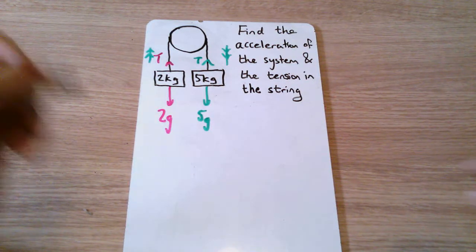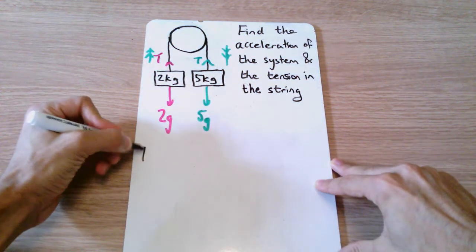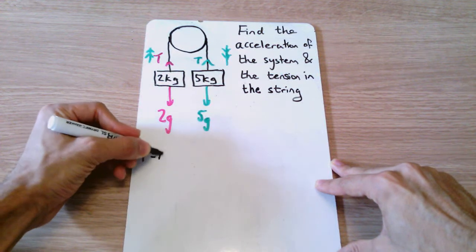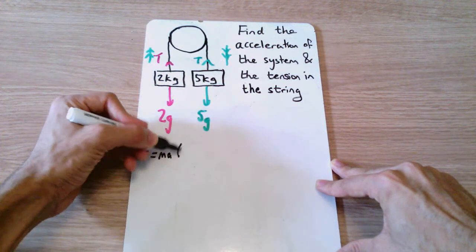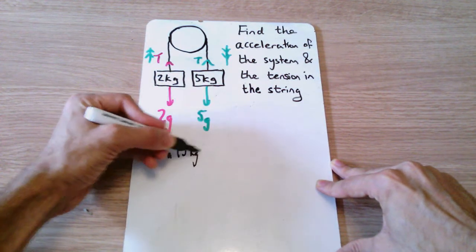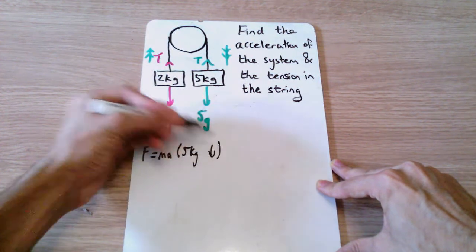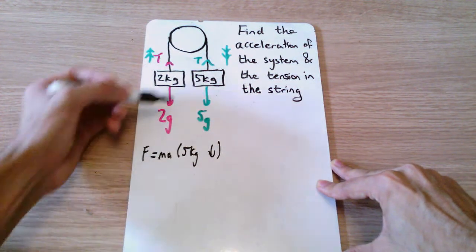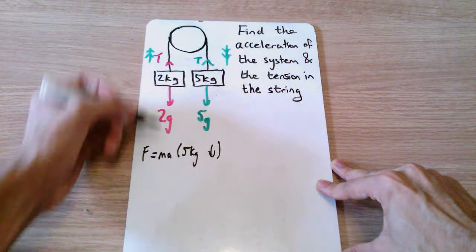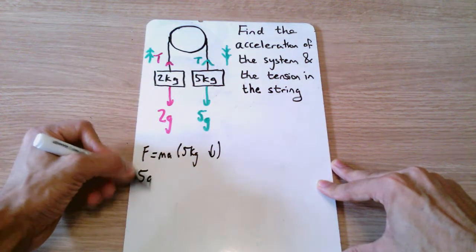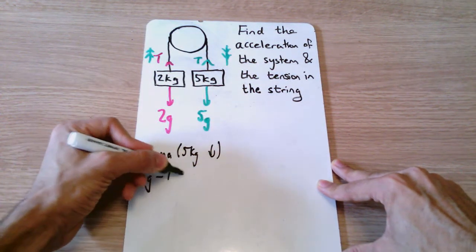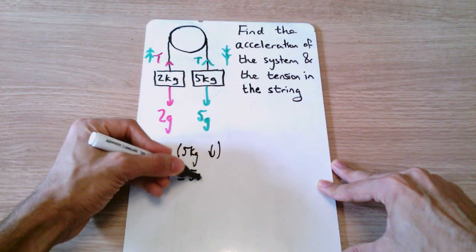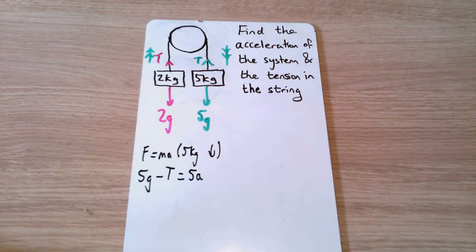So if we look at the 5 kilogram block, we are going to use F equals ma in the direction of motion for the 5 kilogram block, which is downwards. Now the net force going down on the 5 kilogram block is 5g minus T is equal to 5a. That is your first equation.